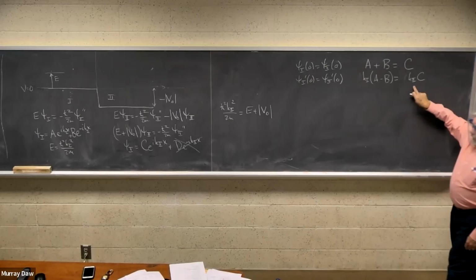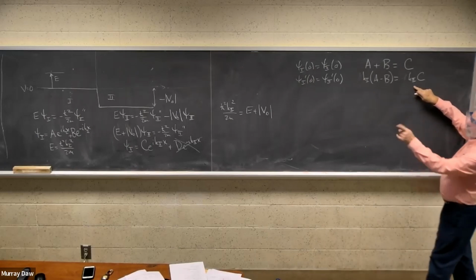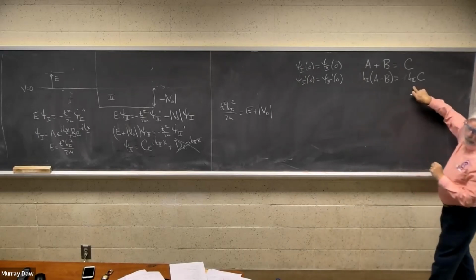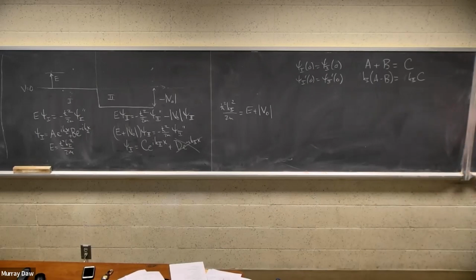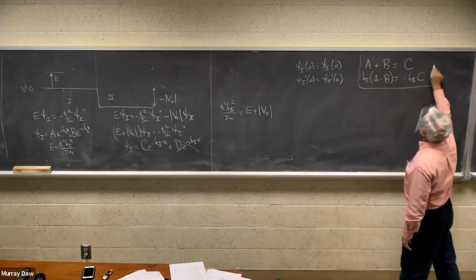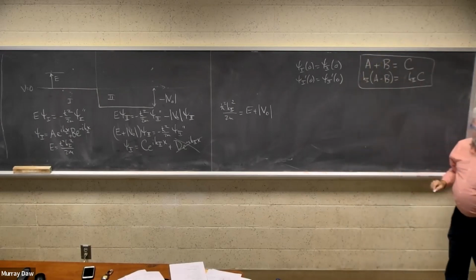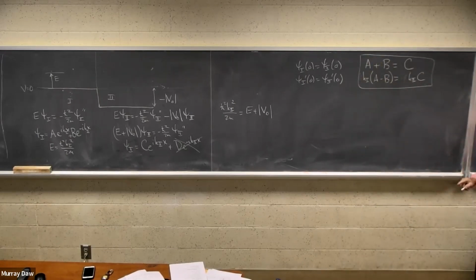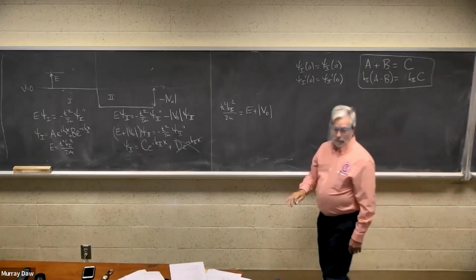But notice there's a different K. K is different in region 1 than in region 2. The wave number changes when it goes over that step. So you solve this for B and C.